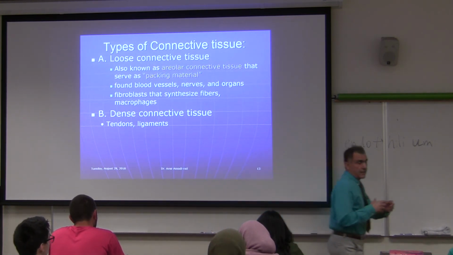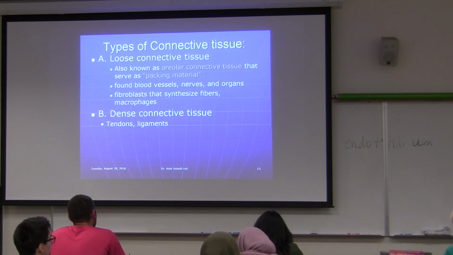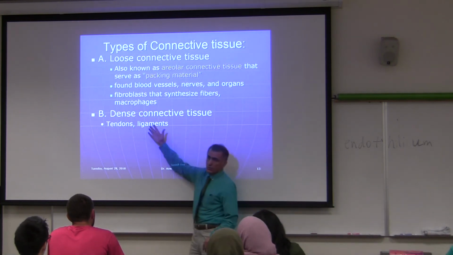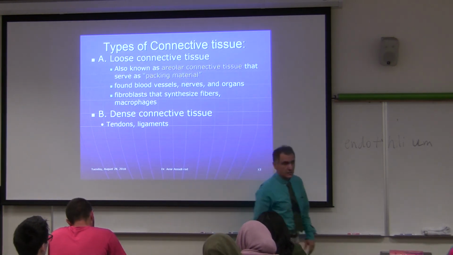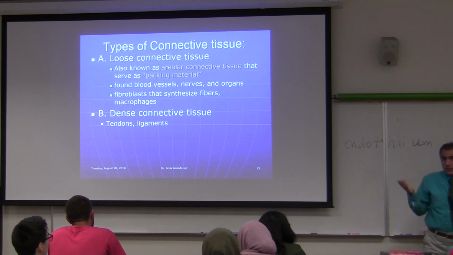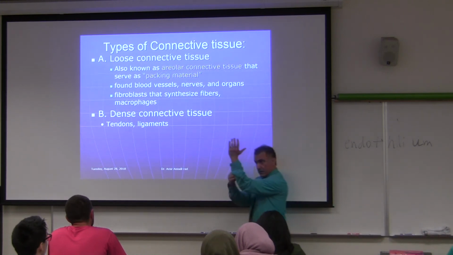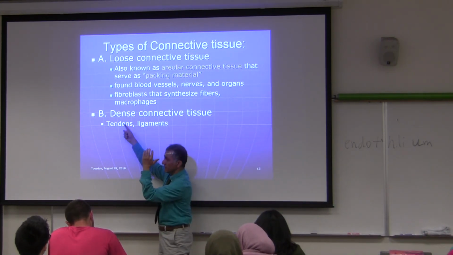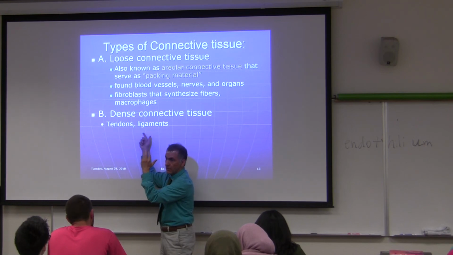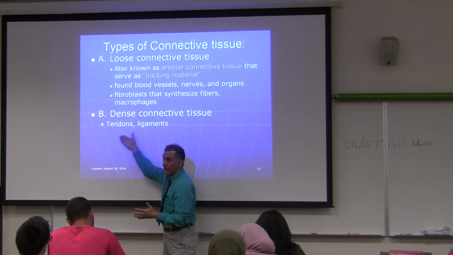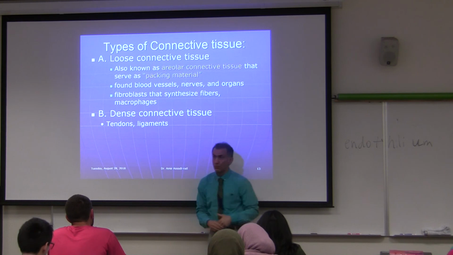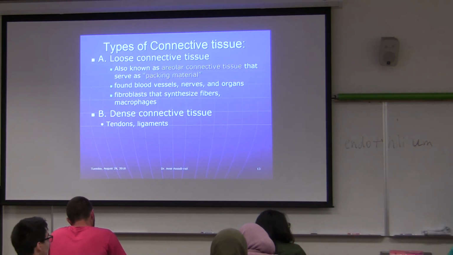And those are dense connective tissues. You will also see dense connective tissue in your skin later on, when I talk about skin. It's not a tendon, and it's not a ligament in your skin. I'm just saying, for examples, dense connective tissue can be found there.